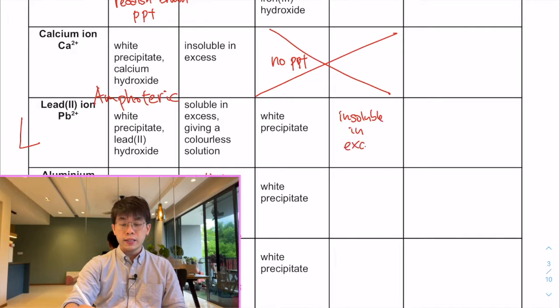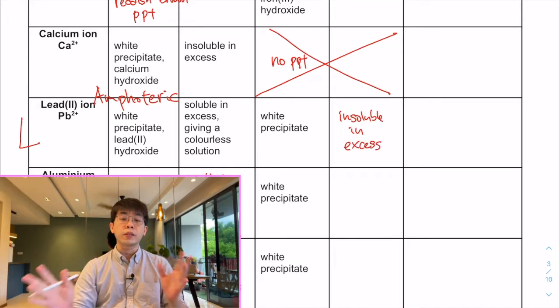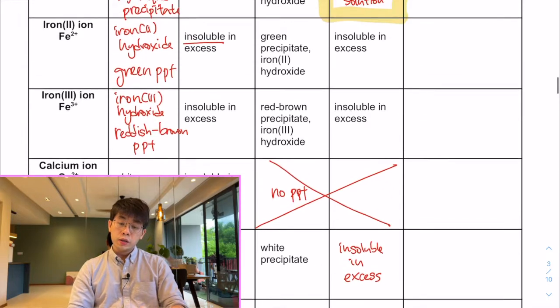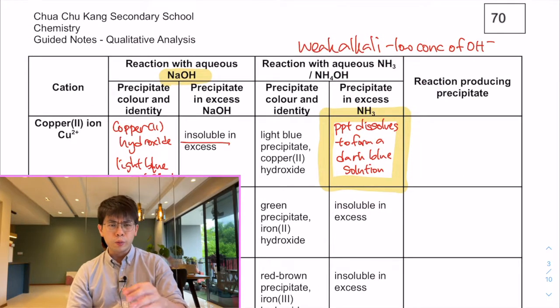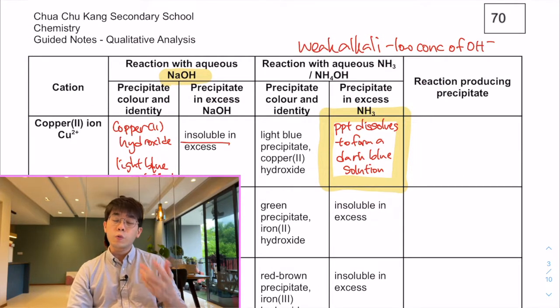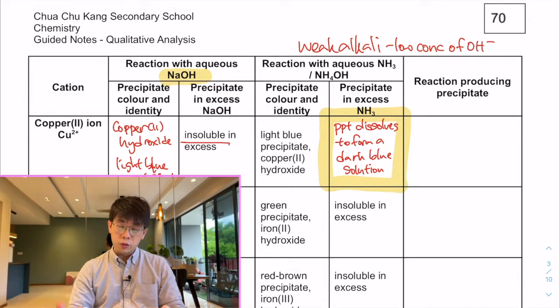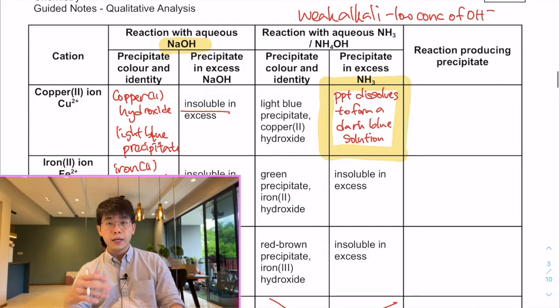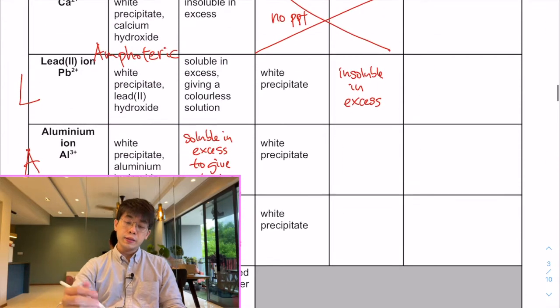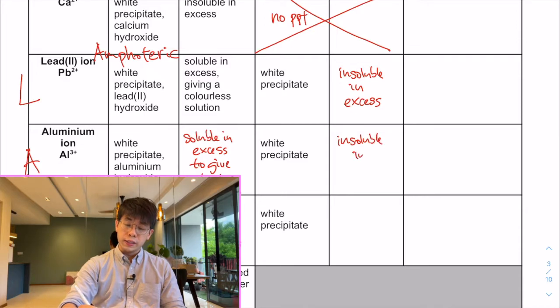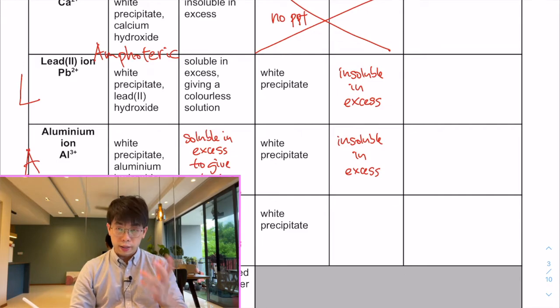Okay, in this case, we do not talk about it being amphoteric because ammonia is a weak alkali. So it has a very low concentration of OH minus. So we are not so interested in it being amphoteric. Instead, something else happens which you don't really need to know, but this is an observation that you need to understand.